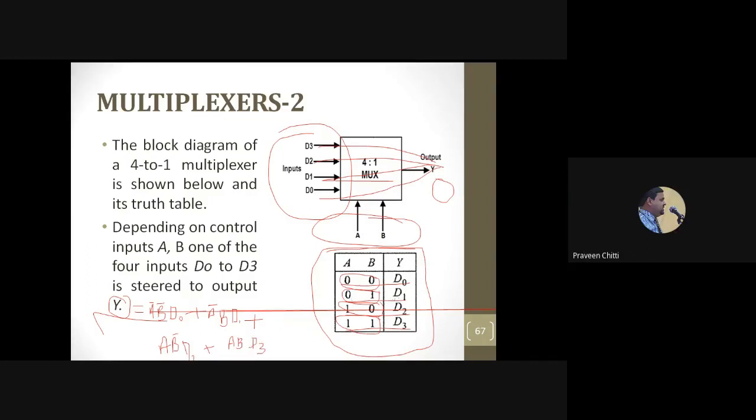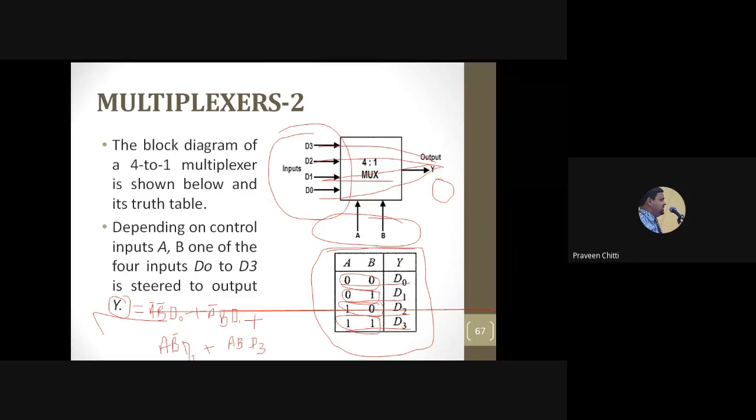So you can easily implement it using logic gates. How many inputs do you have to show at the input side of the logic diagram for this 4:1 mux? 4 data inputs, D0 to D3, and 2 select lines, A and B, so 6 inputs in total.